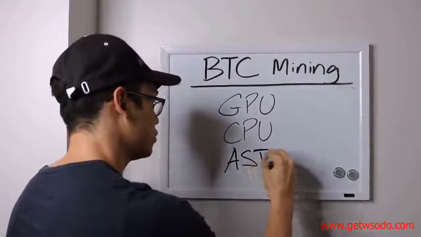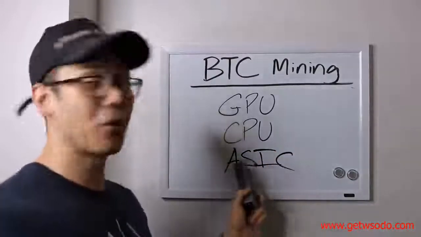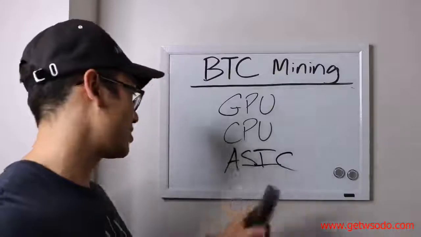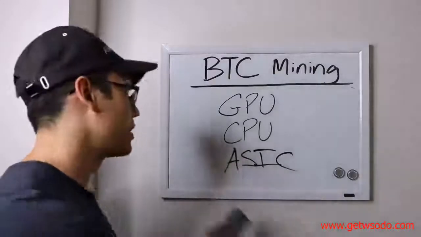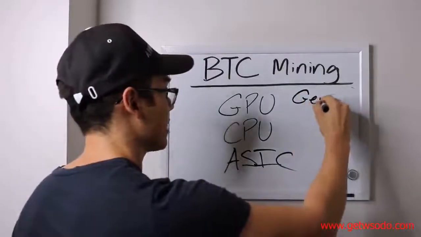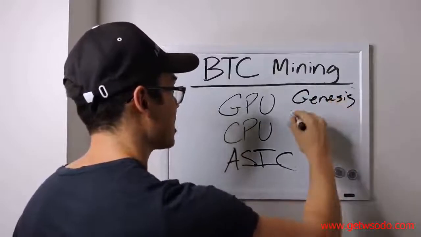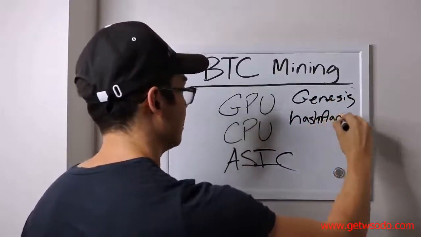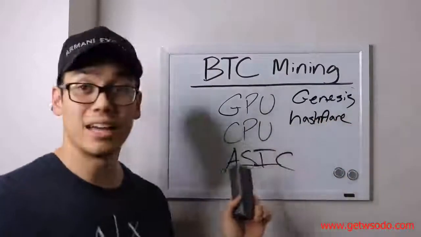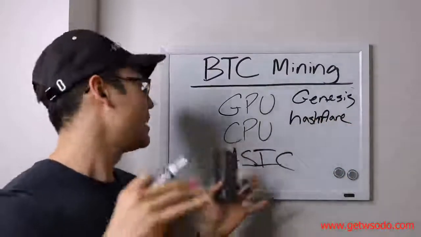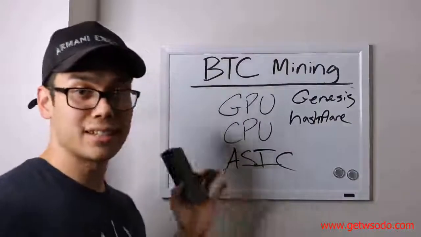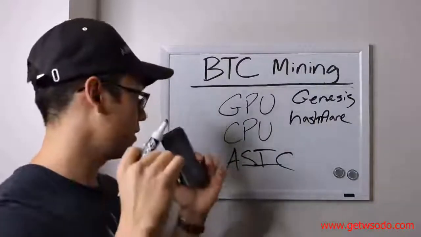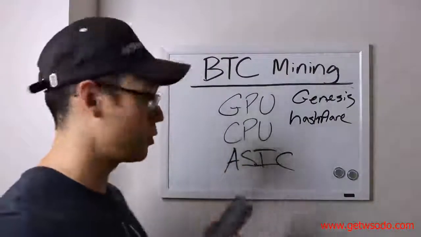And these are super fast Bitcoin mining computers. These are supercomputers that companies like Genesis and Hashflare have, thousands of ASIC computers solving Bitcoin equations, doing Bitcoin mining.